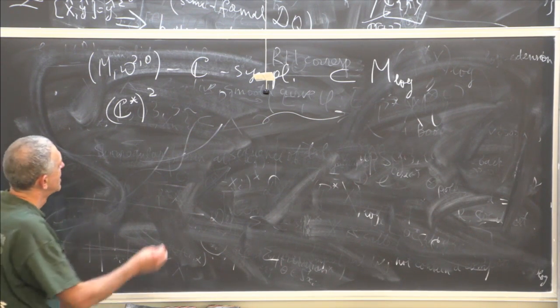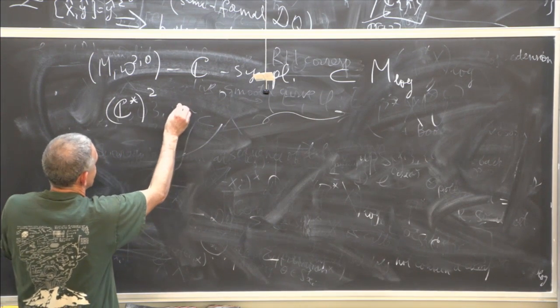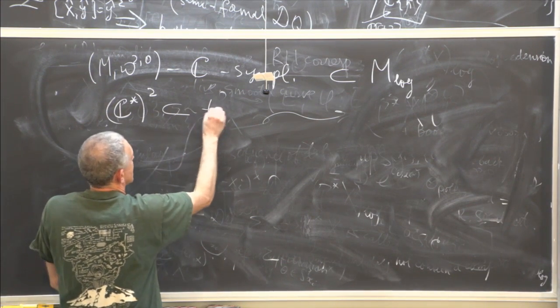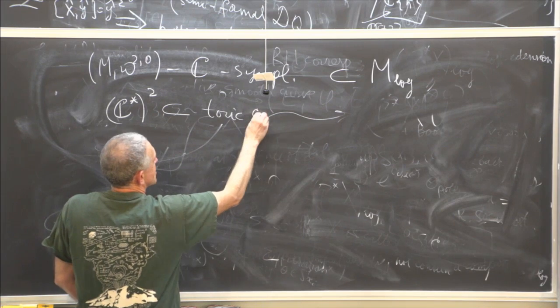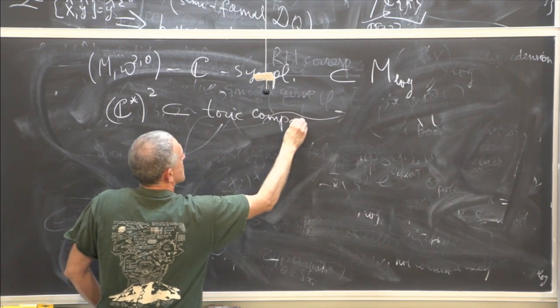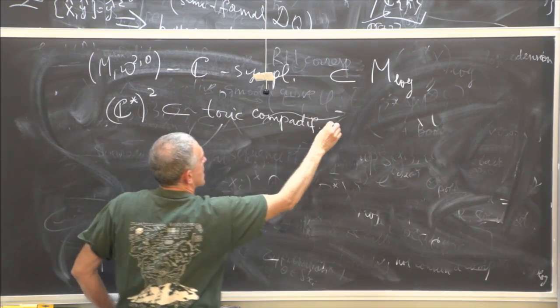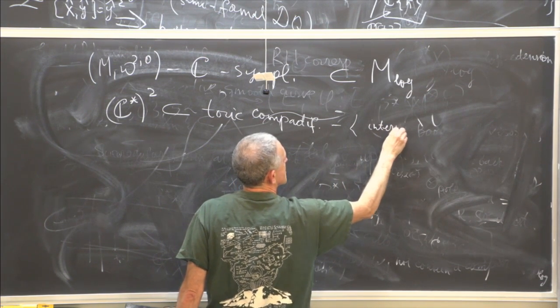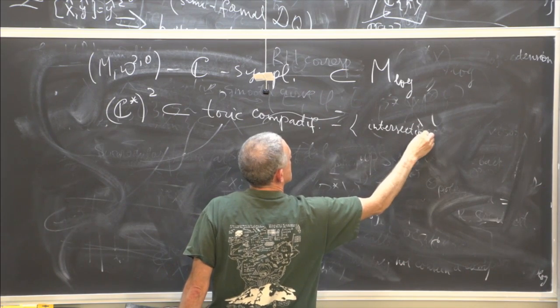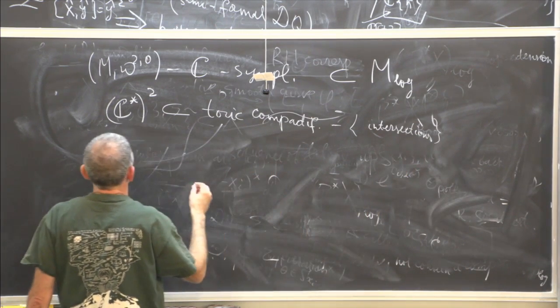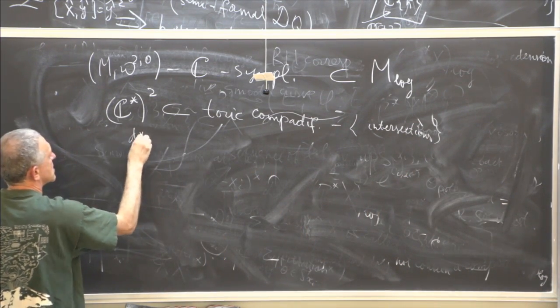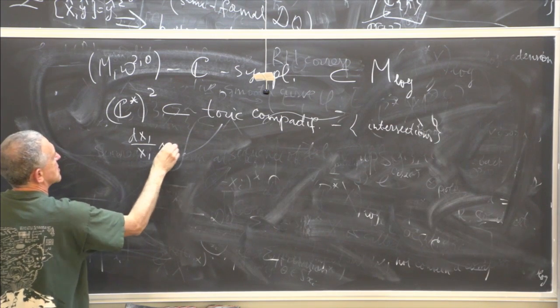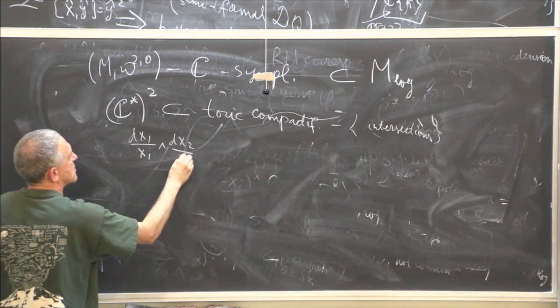So an example is C star squared, then I take any toric compactification and remove pairwise intersections of the toric divisors. So the form here is the standard one.